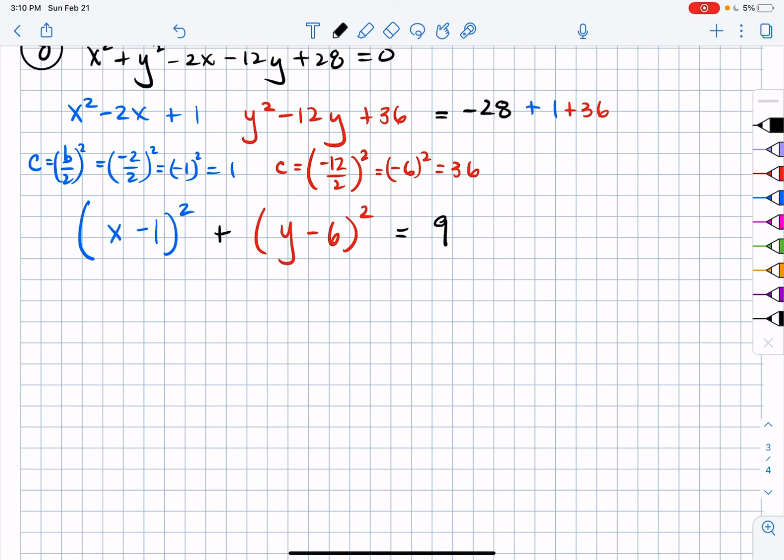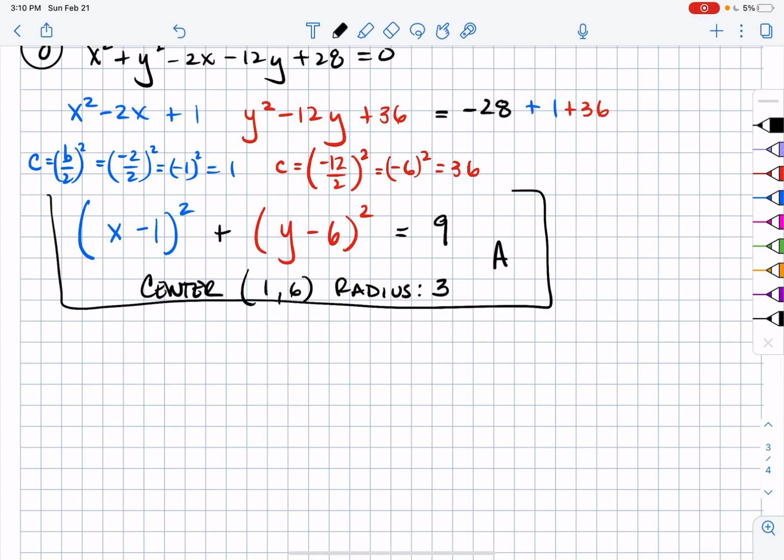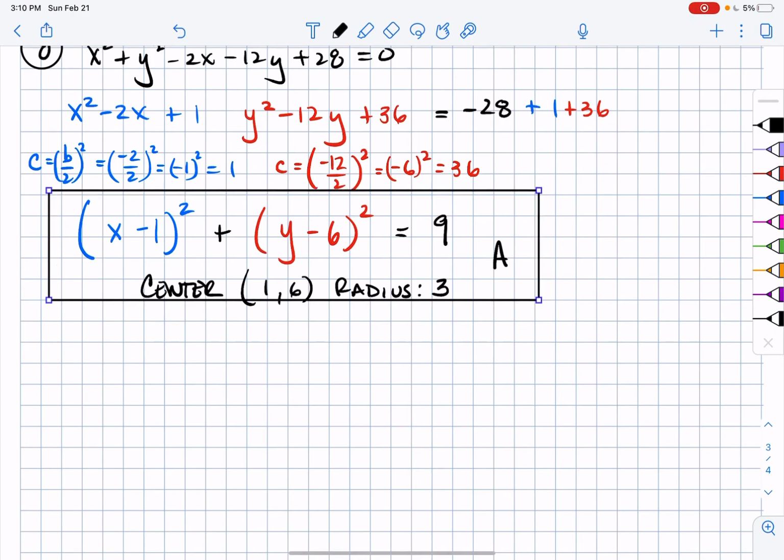So my center is going to be 1, 6, and my radius is going to be a 3, which is choice A. Awesome.